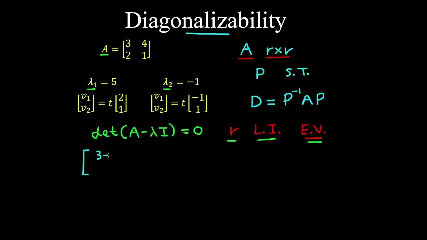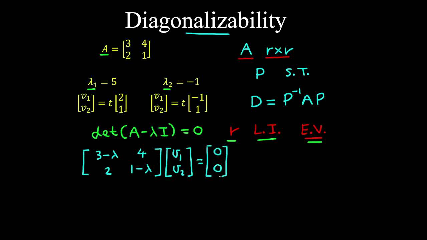So we subtract lambda from the diagonal entries, and that's multiplied by a vector V is equal to 0. And from that, we're able to represent our eigenspace in parametric form, with these eigenvectors being the basis vectors for each eigenspace corresponding to the separate eigenvalues.